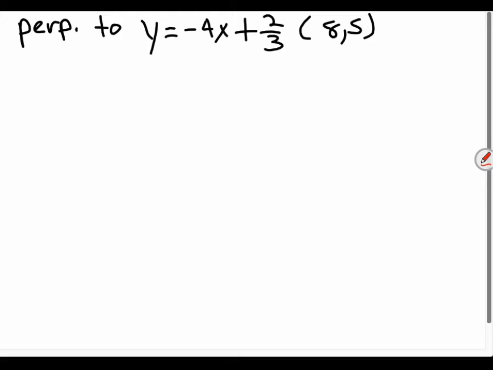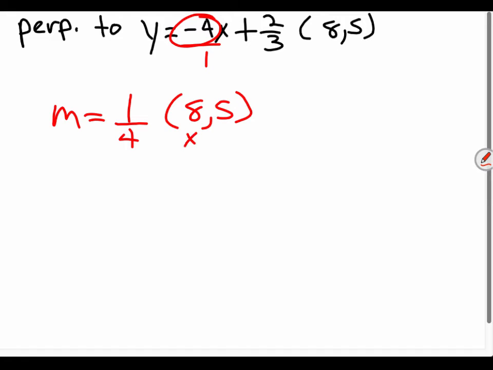So in this particular case, my slope is -4. But we can think of -4 as -4 over 1. So the slope of the perpendicular line would be the reciprocal, which is 1 over 4, and the opposite. So if it started off negative, it would be what? Positive. And then my point now is going to be 8 comma 5, and this would be my x sub 1, y sub 1.